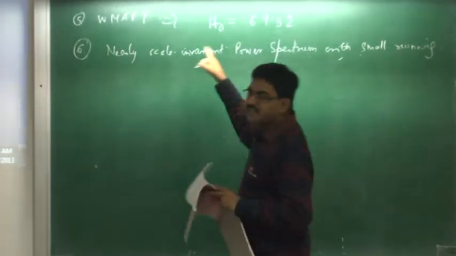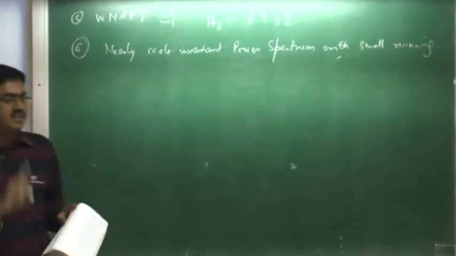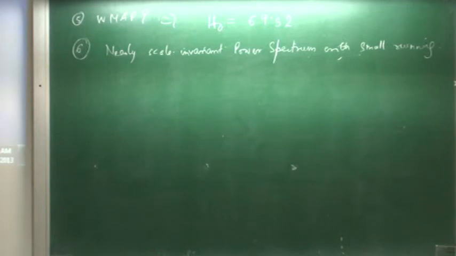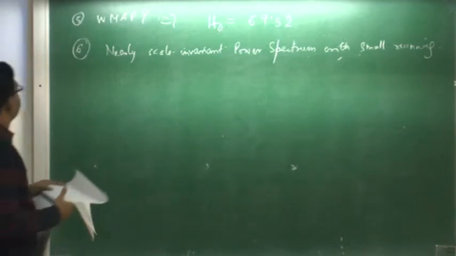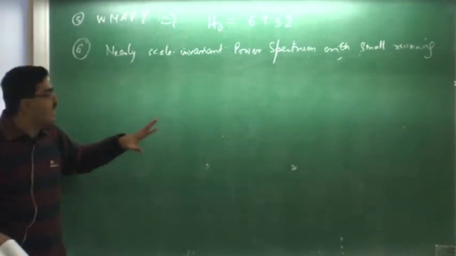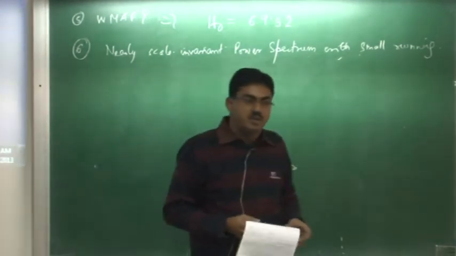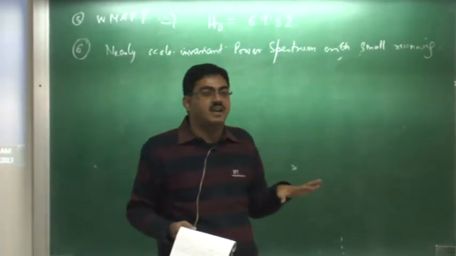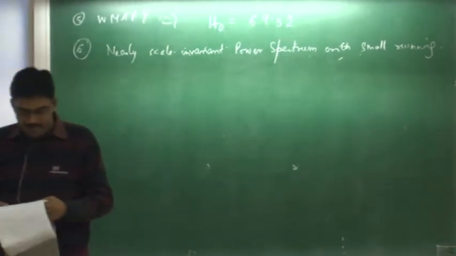Don't get disheartened, I will discuss what I mean by power spectrum, what I mean by scale invariant and so on in my class. So this is just another piece of information I get from CMB, that we get a nearly scale invariant power spectrum, but it is not exactly scale invariant, you have very little running of that power spectrum.